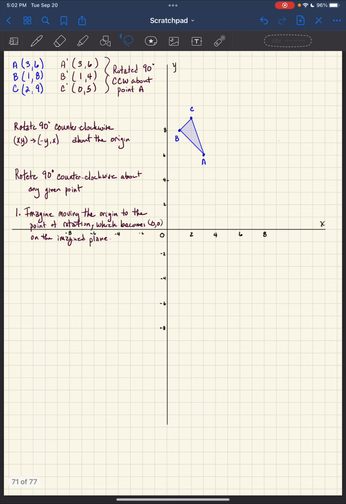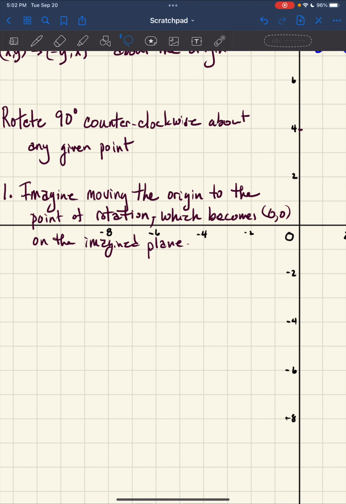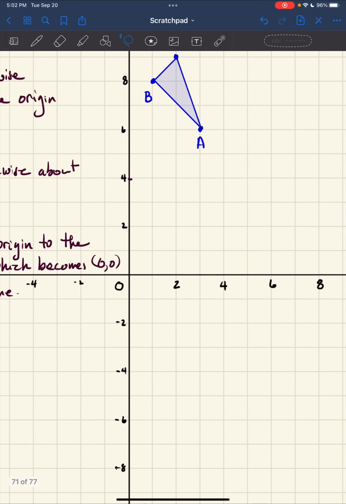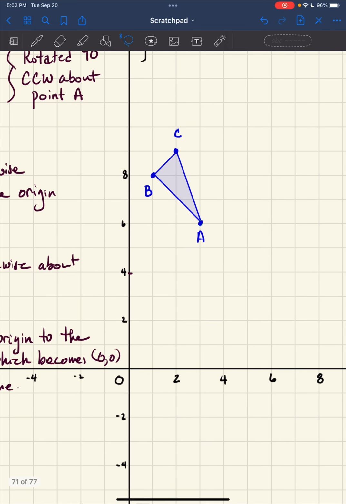So the first thing we need to do to make this work correctly is imagine moving the origin, where the x and y axis cross, to the point of rotation. So imagine if the origin actually went through point A instead of the point (0, 0).